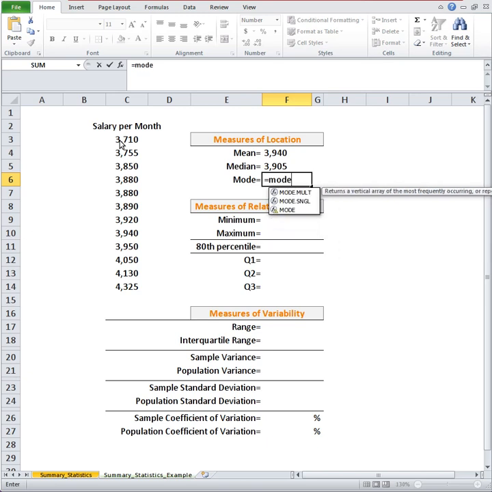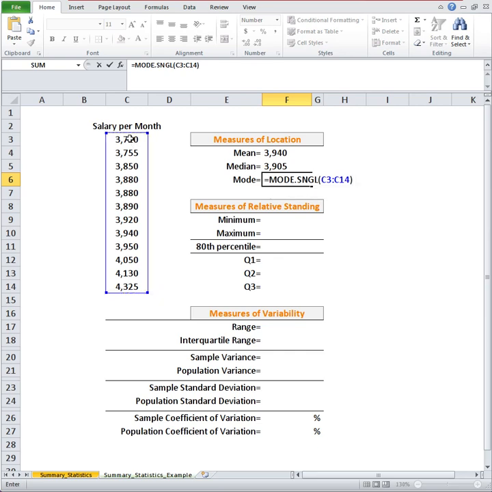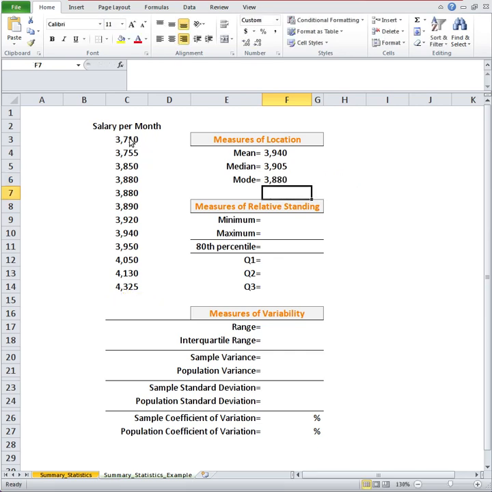As you can see, there are two different formulas: the mode mult and the mode single, or SNGL. So I am going to use that one because I know this data only has one mode. If I complete the formula and hit enter, what I get is the mode.